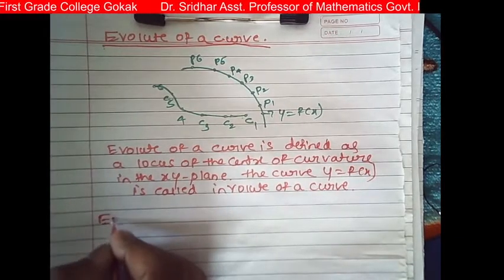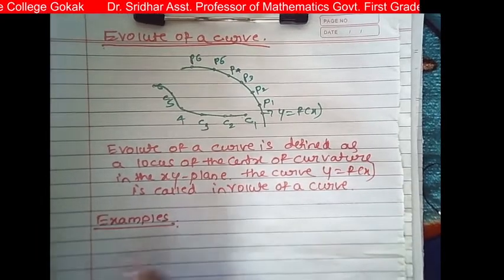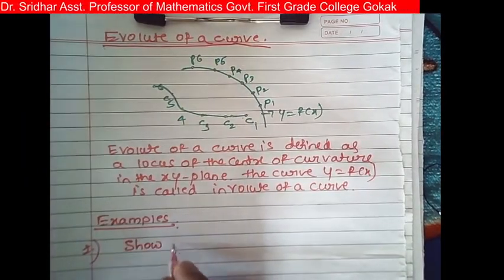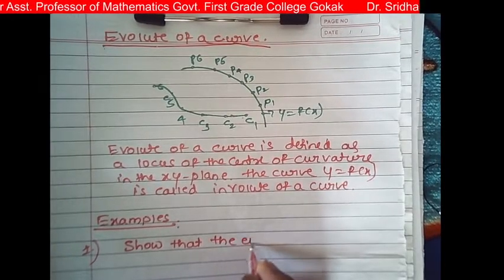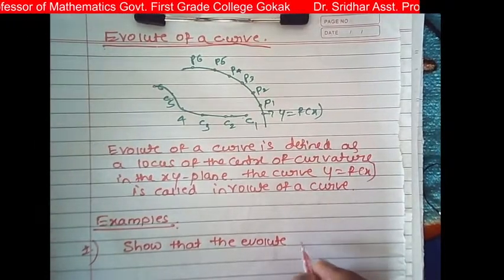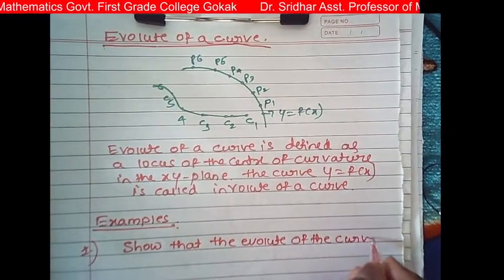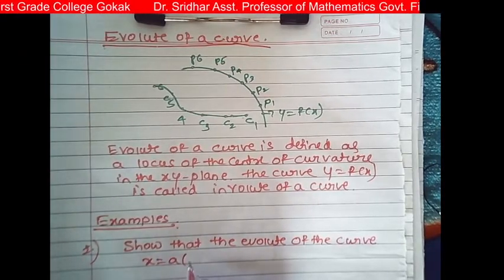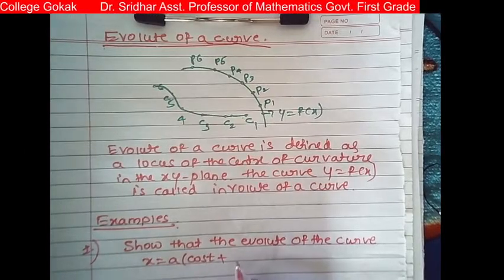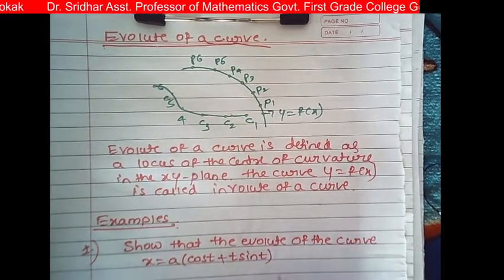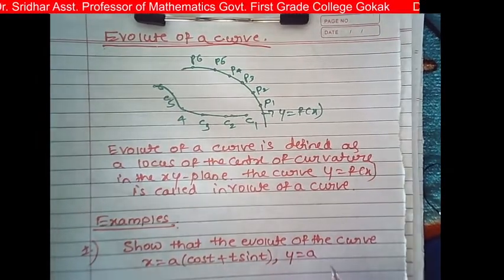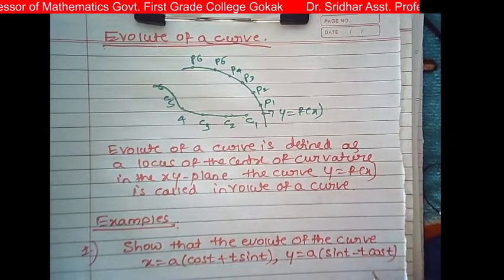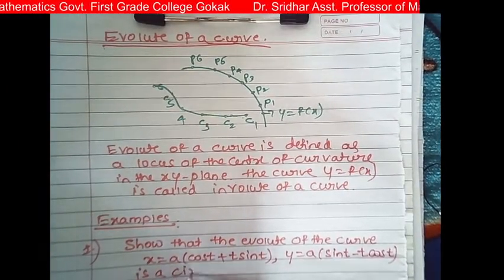So here examples. First one, show that the evolute of the curve x is equal to a into cos t plus t sin t, comma y is equal to a into sin t minus t cos t is a circle.